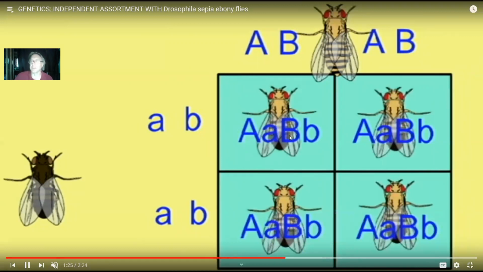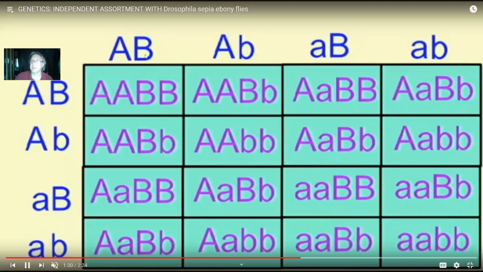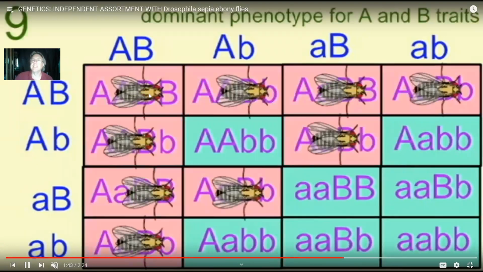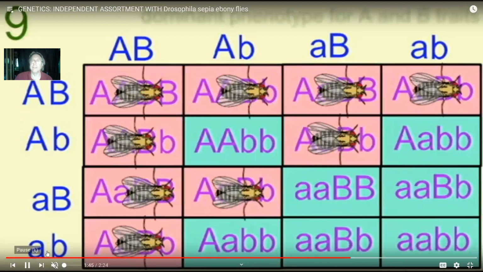Being double heterozygotes, they would make four kinds of gametes. So the females would make these four types of ova, the males would make these four types of sperm, and then we would expect to have 16 combinations of alleles. 9/16 would have the dominant condition for the first trait and the dominant condition for the second trait.